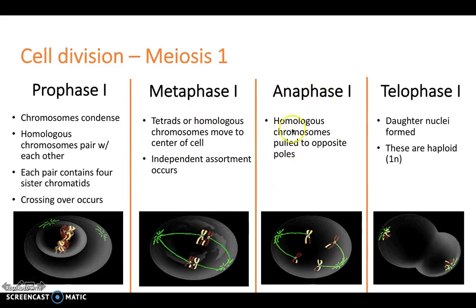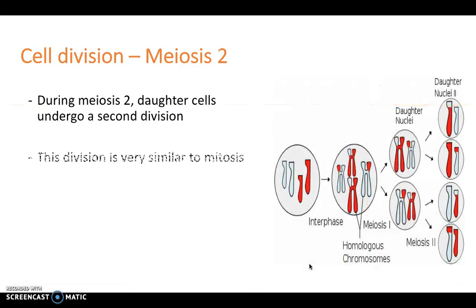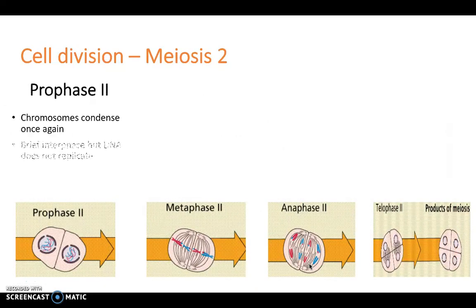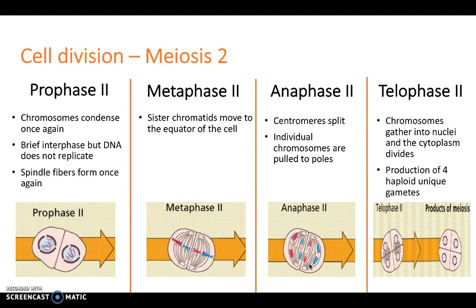Then when we pull them to opposite poles, we may get bits of chromosomes joined together being pulled to opposite ends of the cell. If this doesn't make too much sense, it'll come clearer in a second, when we understand meiosis 2, and the same thing happens again, and we end up with 4 cells which are all haploid in nature.